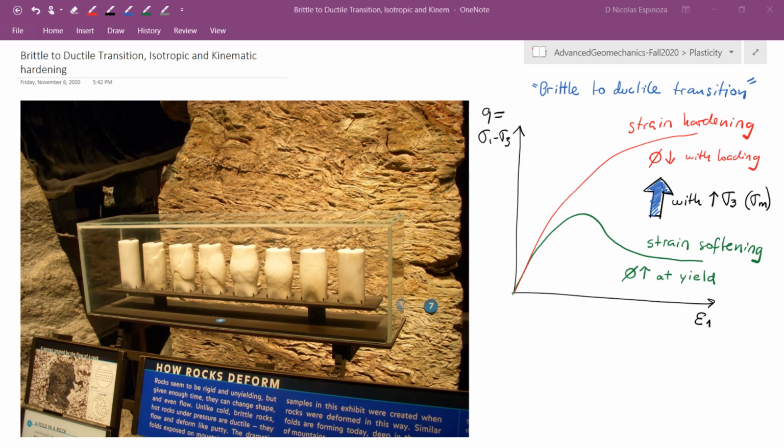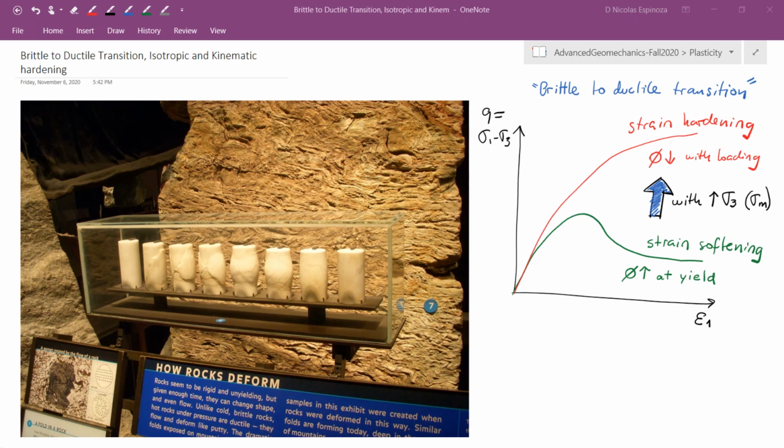And for the same material, you can go from strain softening to strain hardening just by increasing the mean stress or the least principal stress, or also the parameter P prime that we have seen in the Cam Clay model, which is the parameter used to show the mean stress.